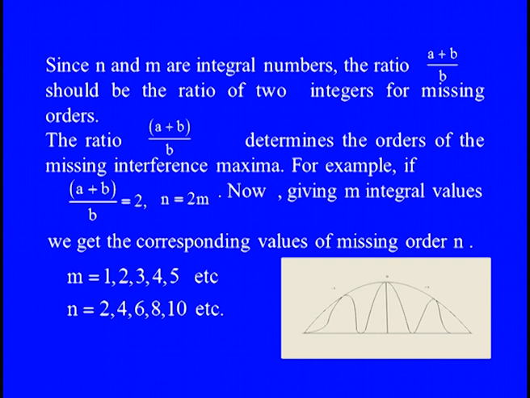For example, if (a plus b) by b is equal to 2, then n will be equal to 2 times m. Now, giving m integral values, we get the corresponding values of missing order n. So, if we have m equal to 1, 2, 3, 4, 5 etc., then n will be equal to 2, 4, 6, 8, 10 etc.